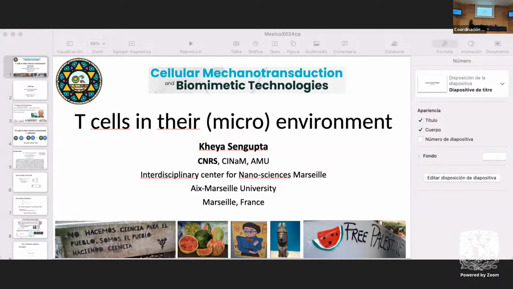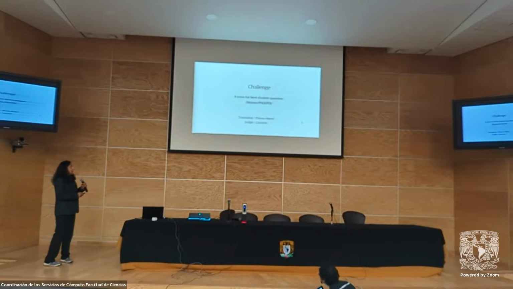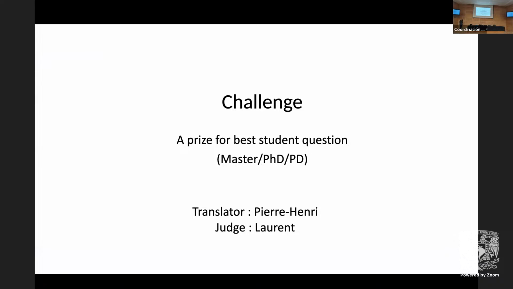And in fact, I prepared a challenge, okay? There is a little prize for the best student question. I don't know how many students are still there in the room. Are there any master students or younger in the room? No? Yes, one? Is there any PhD student in this room?